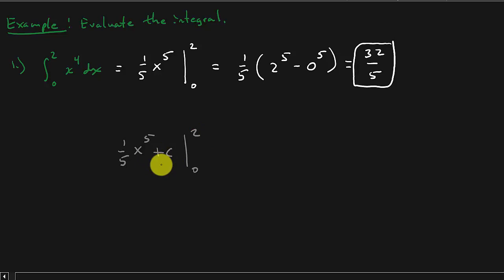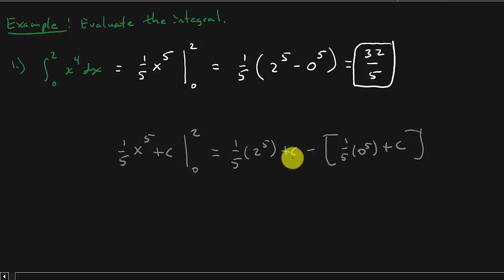You add the plus c. But let me show you why we don't put it here. So we've got 1/5 times 2 to the fifth plus c, right? We're evaluating now, minus, okay, so I plug the 2 in. Now let's plug the 0 in. So I've got 1/5 times 0 to the fifth plus c.